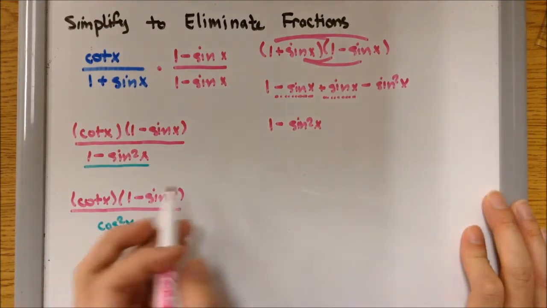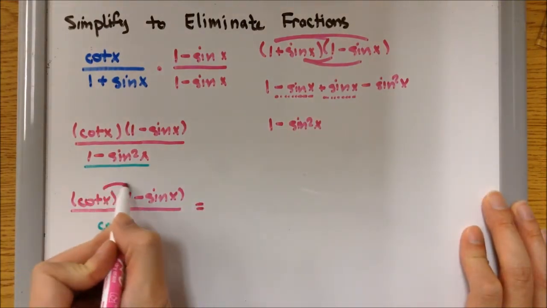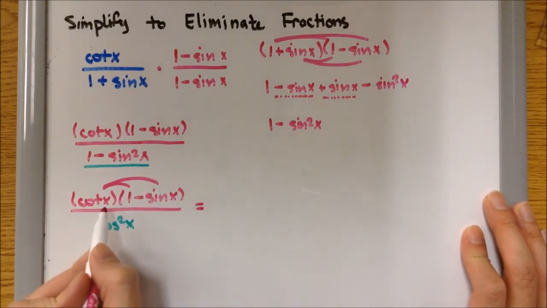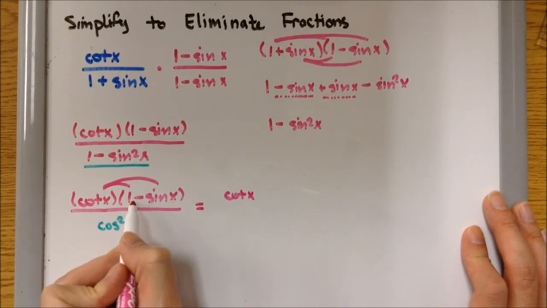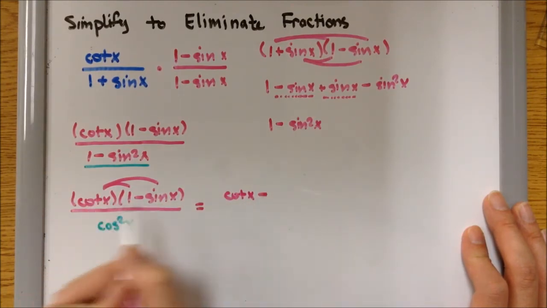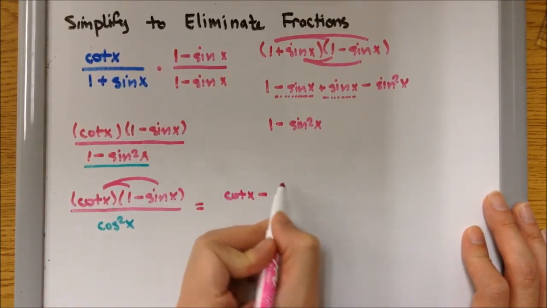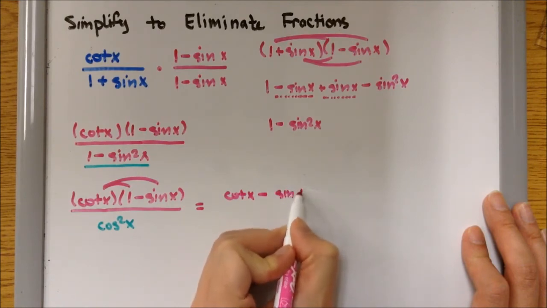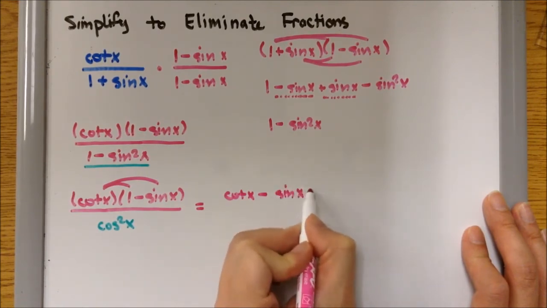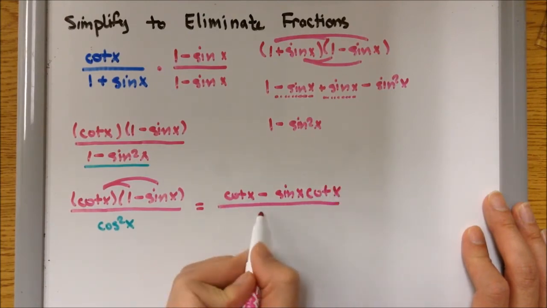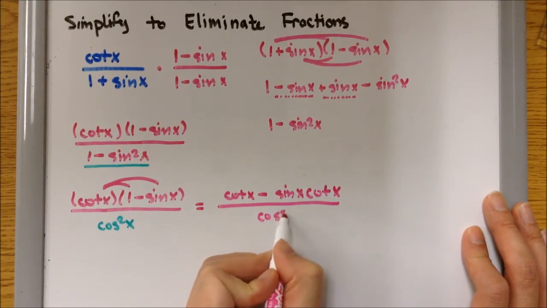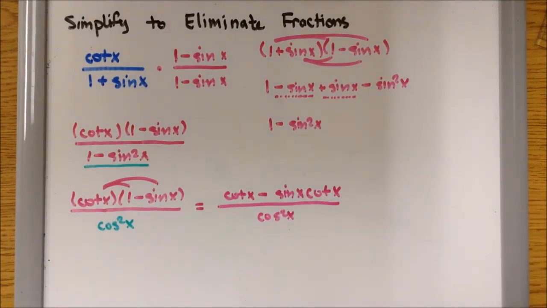So cotangent of x times 1 would be simply cotangent of x, and then minus cotangent of x times sine of x will be sine of x cotangent of x, everything over cosine square of x. Alright, looking at that, there's nothing else I can simplify.